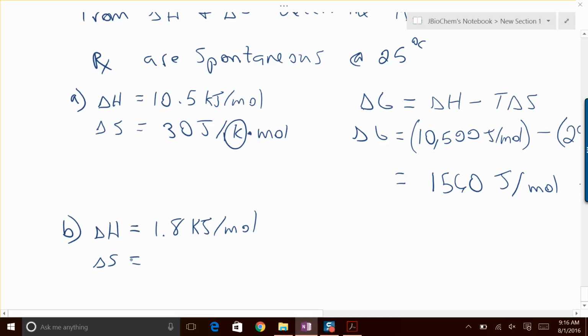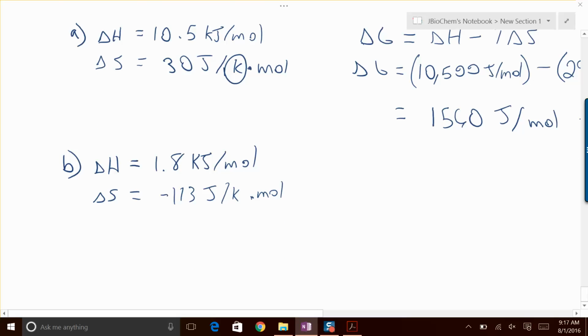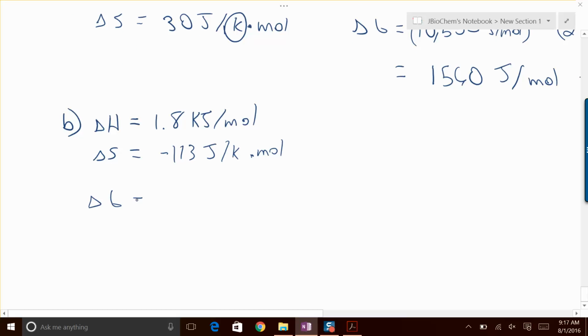S. Okay, so we can already predict that this is non-spontaneous, okay, because delta H is positive, delta S is negative, and if the signs are opposite, delta G will be the same as the sign of delta H. So let's go ahead and calculate it here. Okay, delta G equals delta H minus T delta S. Remember, this is at 25 degrees Celsius.